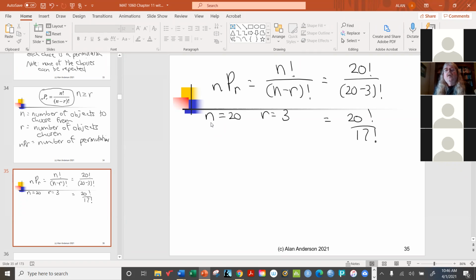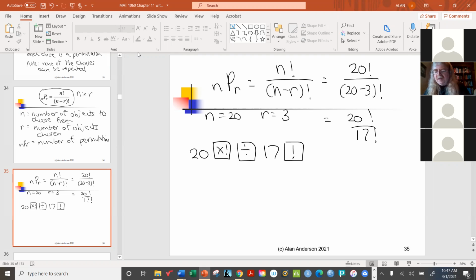Now, on the calculator, what you can do is this. Hit the 20 x factorial, and it's very simple. In fact, I don't think you even need the equal sign. I will double check that in a second. Then we'll have 17 factorial. All right, I'm going to double check it on my calculator.